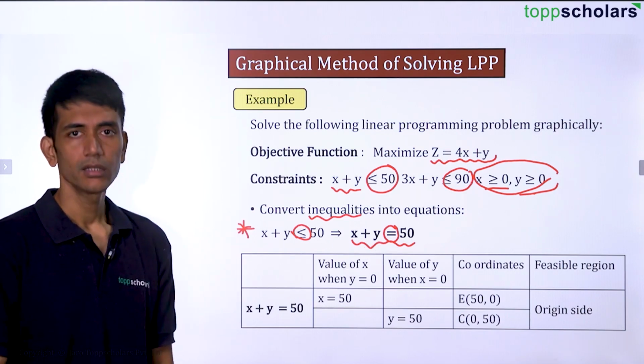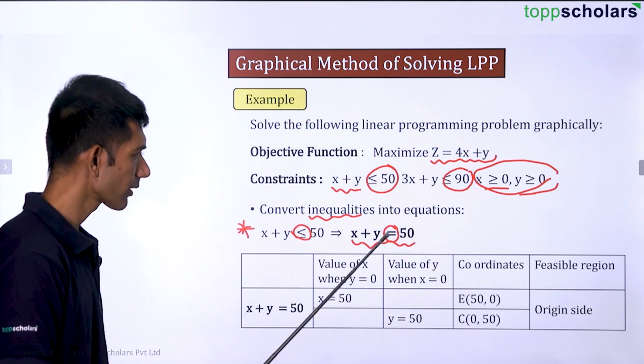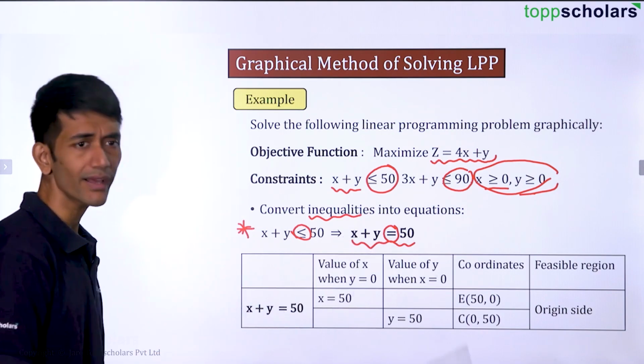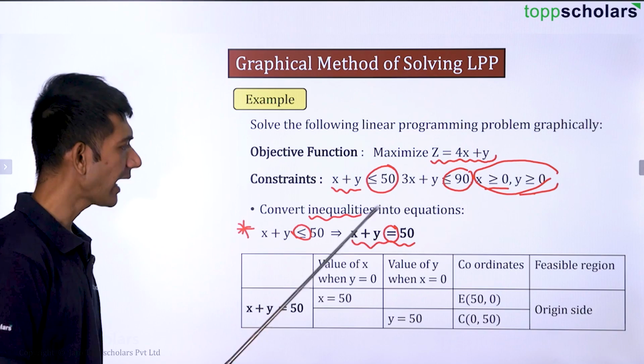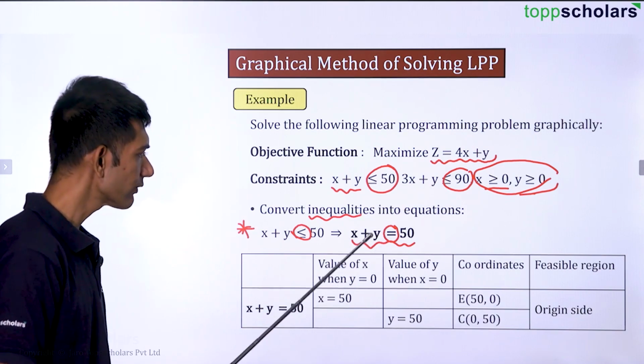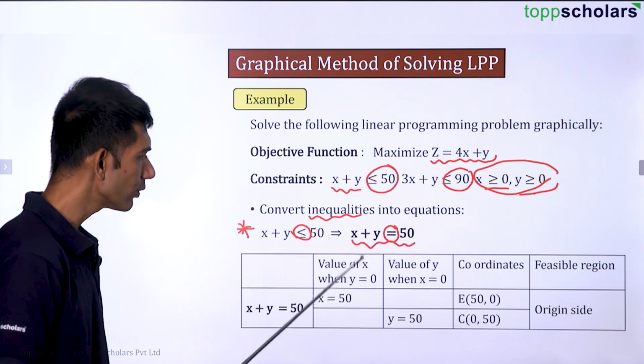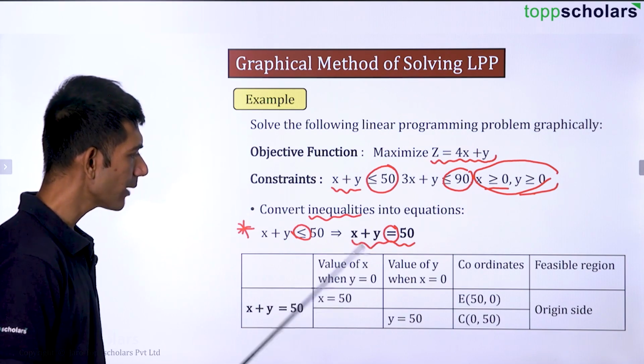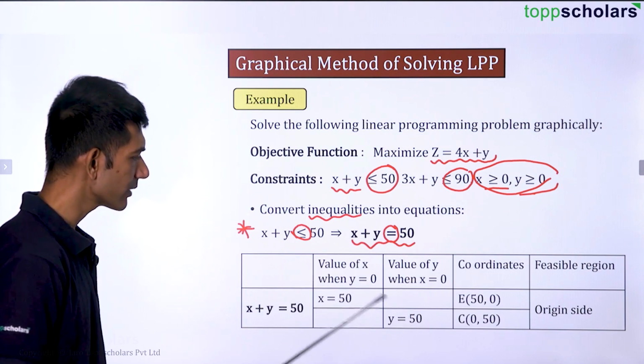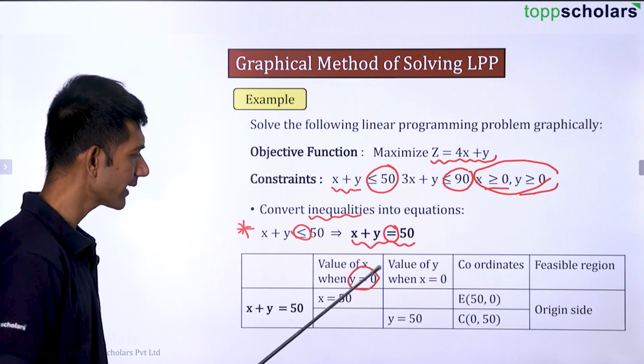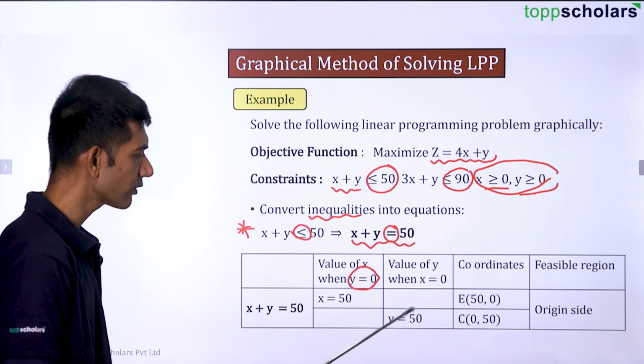For that, obviously, we need the values of x and y, and the values of the coordinates. So if I put y as 0, I get x as 50. When I put x as 0, I get y as 50.